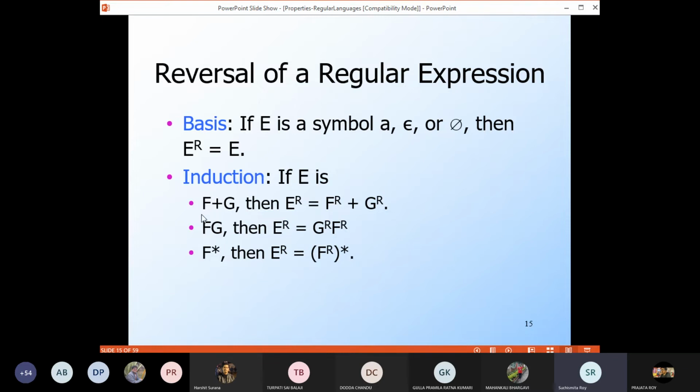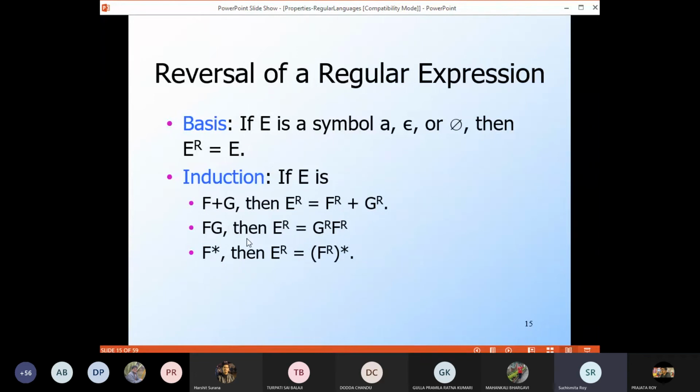Now, using this simplest induction stopping criterion, we will define larger regular expressions as f plus g. When you reverse a regular expression of the form f plus g, where f and g are smaller, simpler regular expressions, you can write f reversed plus g reversed. Either you'll be using f or you'll be using g, so the reverse is the reverse of f and the reverse of g with the union operation.